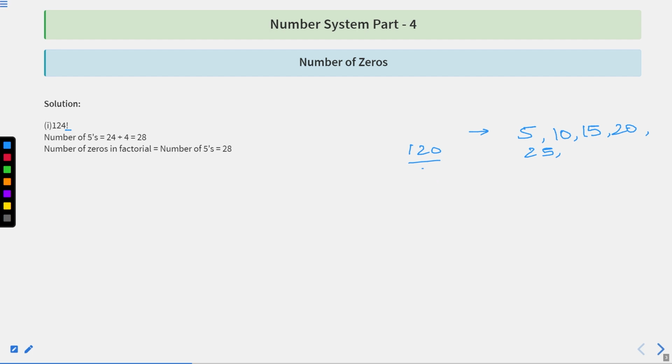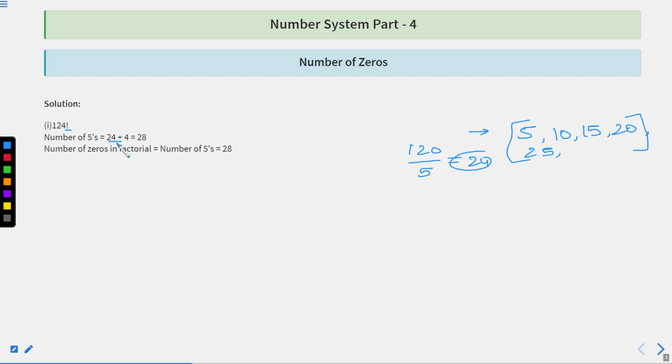When we divide it by 5, we get 24. So there will be 24 such numbers between 1 and 120. So 24 fives are contributed from this part.